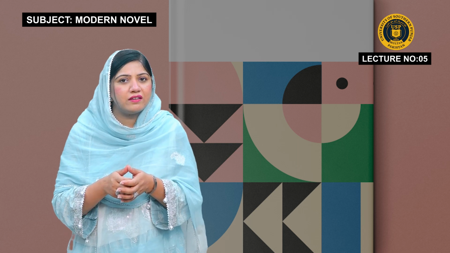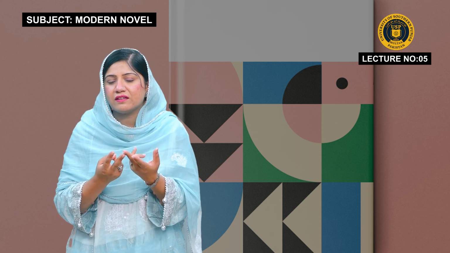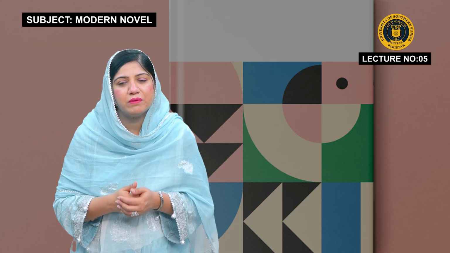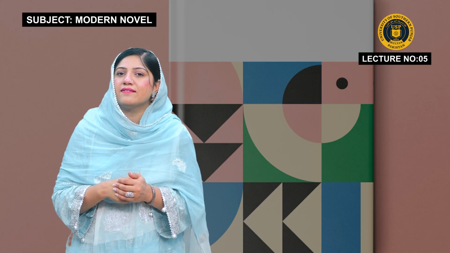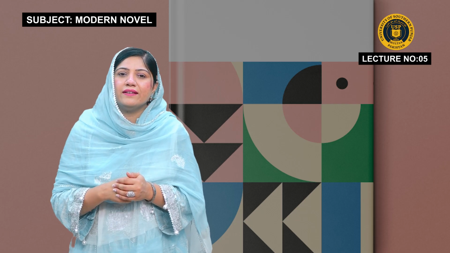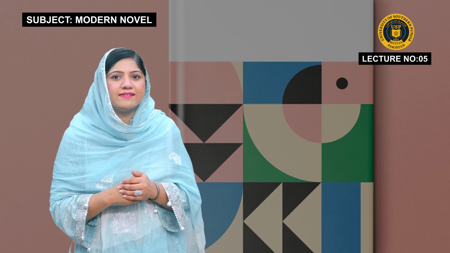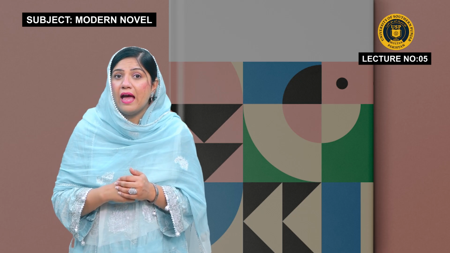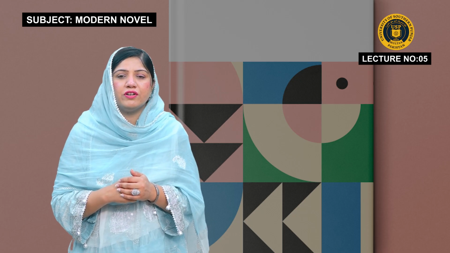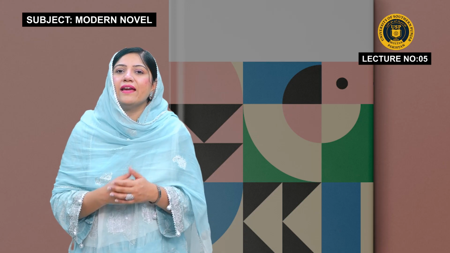Another main character, if you remember students, is Kurtz. They are the two main characters that we have already discussed in our previous lecture. Number one is Marlowe and number two is Kurtz. Kurtz, on the other hand, is open about the fact that he does not trade but rather takes ivory by force, and he describes his own treatment of the natives with the words suppression and extermination.